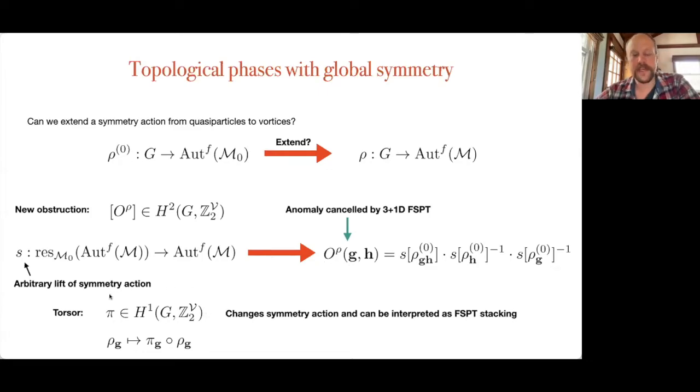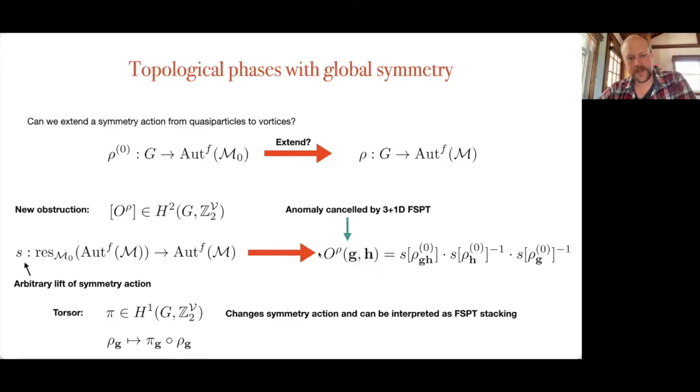then we have a torsorial classification by H1 of G valued in Z2V. Oh, and I forgot to mention Z2V refers to a group Z2, and the topological symmetry that I'm referring to there is this special vortex commuting symmetry I mentioned a few slides back.